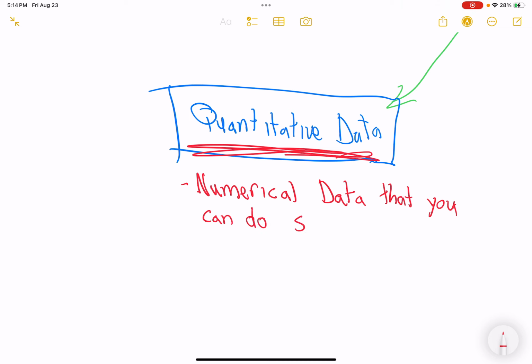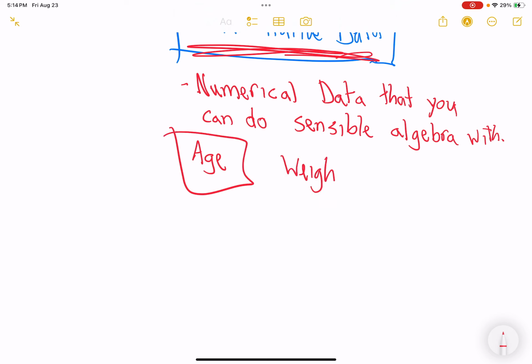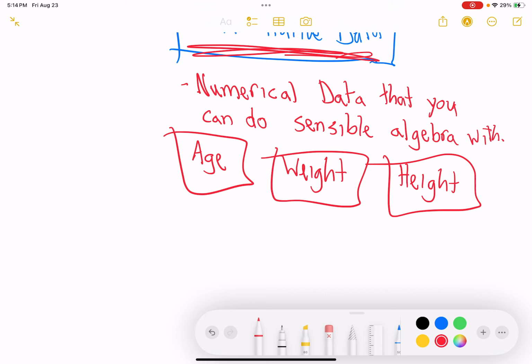And actually, I'll say sensible algebra. Okay, numerical data that you can do sensible algebra with. What do I mean? Well, some good ones normally are age, weight, height. These are all good examples of quantitative data, okay?